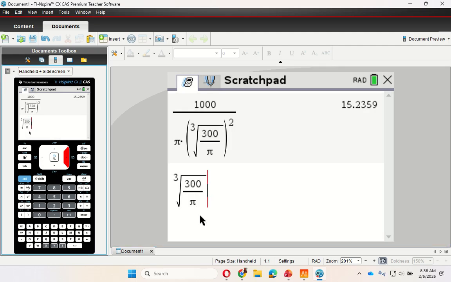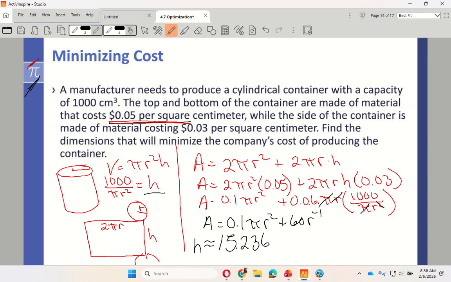So this is my r, control enter. 4.571. All right, find the dimensions that will minimize the company's cost of producing the container.